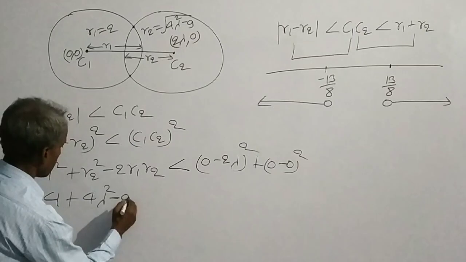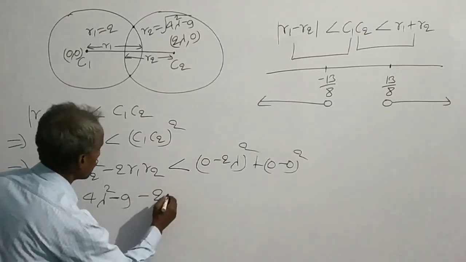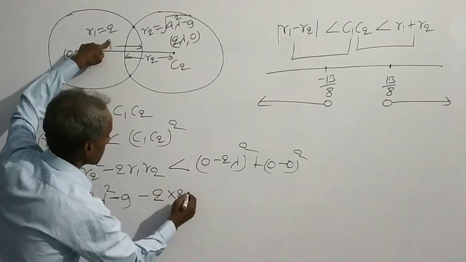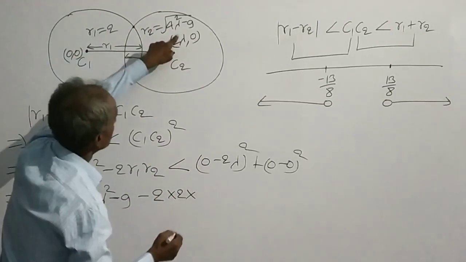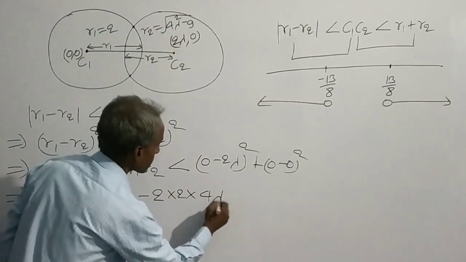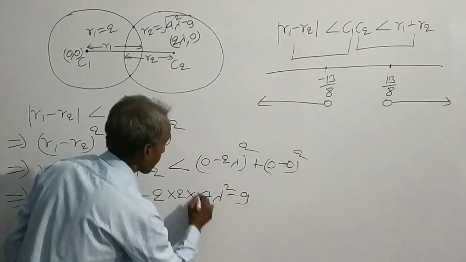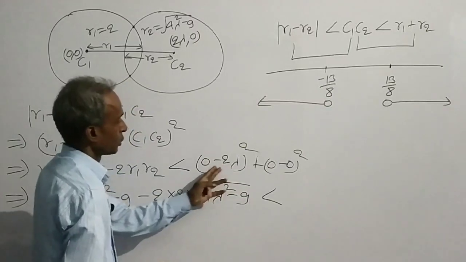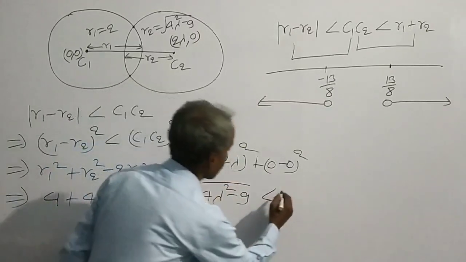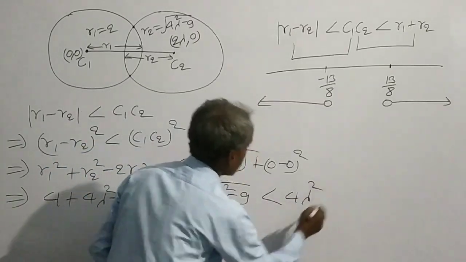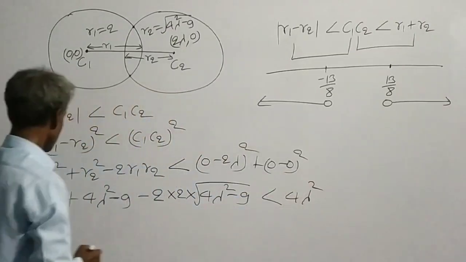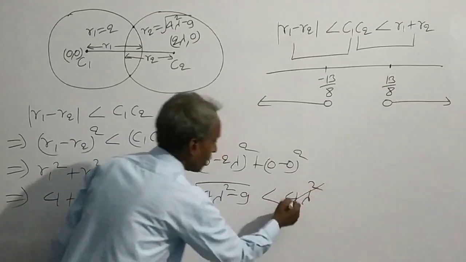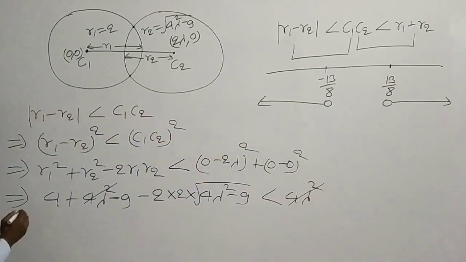Minus 2 times R1 times R2, with R2 being root under 4 lambda square minus 9, is less than 0 minus 2 lambda square, 4 lambda square, and this is 0. 4 lambda square will be cancelled out from both sides.